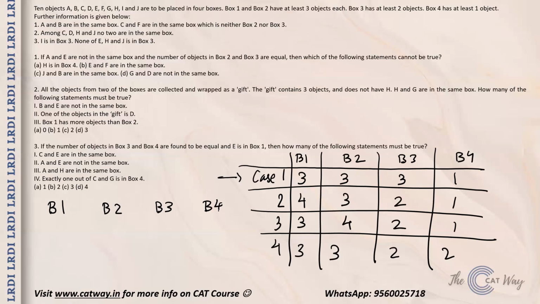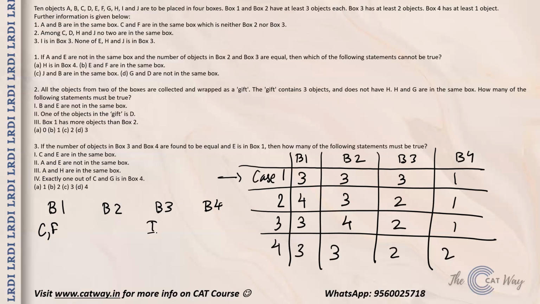Now what we know is that C and F are in the same box, which is neither box 2 nor box 3. That means they cannot go in box 2 or box 3, and box 4 will have only one object. So if C and F together have to go, the only possibility is box 1. So C and F will occupy box 1, right? Similarly, I has been given to be in box 3.